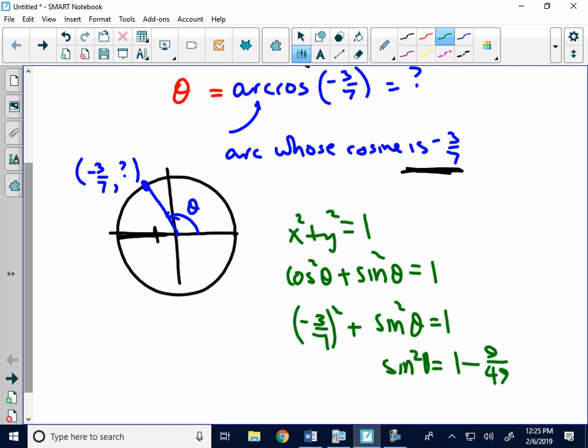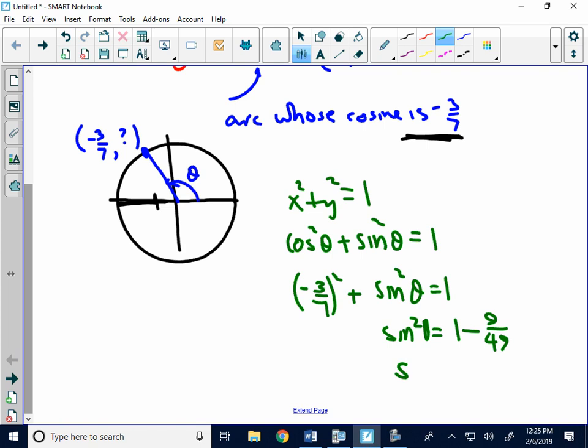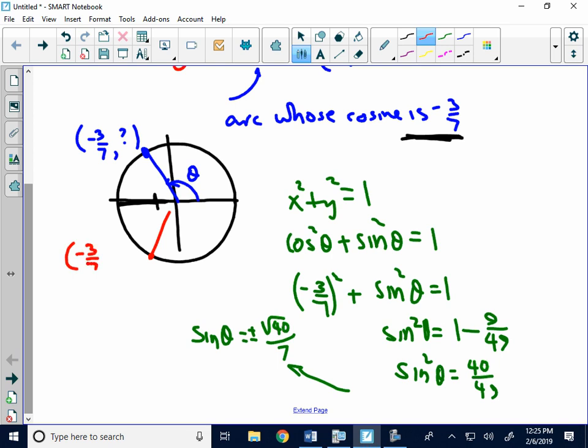So 49 minus 9, sine squared of theta is 40/49. So the sine of theta could be the square root of 40 over 7. Technically plus or minus, because remember there was another point down here where the x-coordinate was minus 3/7 and the y-coordinate would be the minus root 40 over 7.